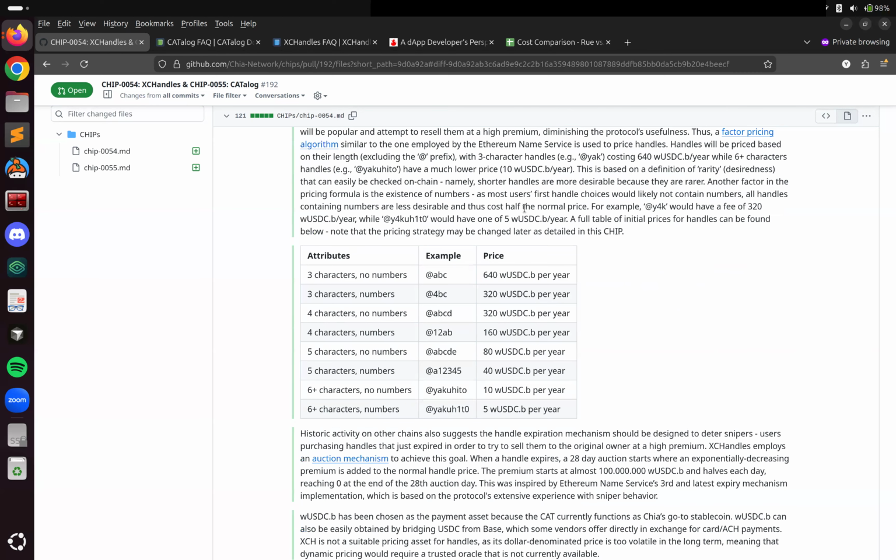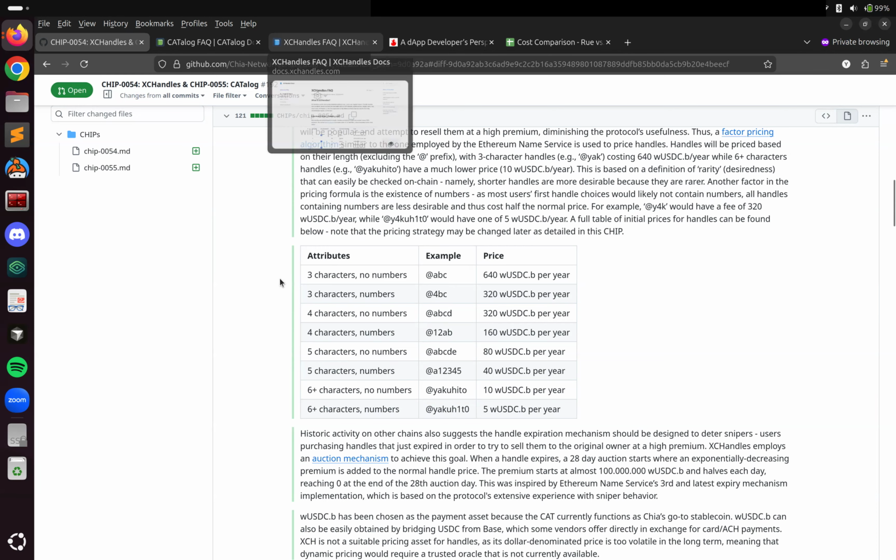The pricing algorithm, again, there's always the question how to fairly distribute handles, how to get a handle to the person who most wants it. I think that's the best definition of fair. So with that logic, this pricing strategy that's implemented in the main registry, at least is proposed, is trying to see a few desirable features and then price the handle accordingly.